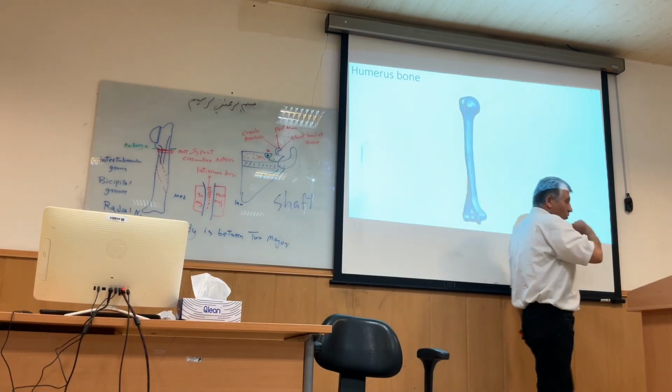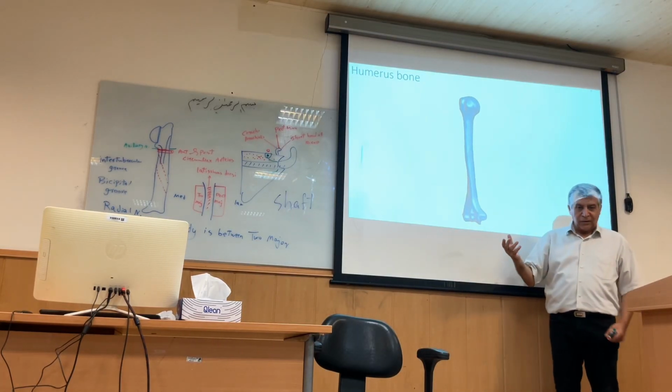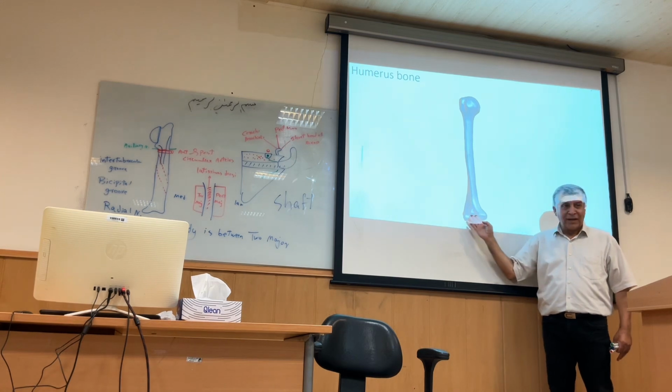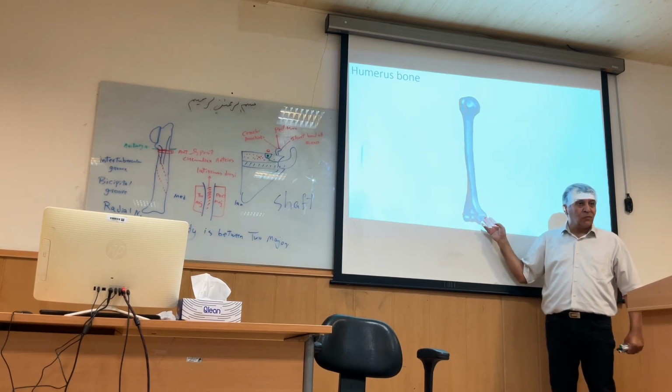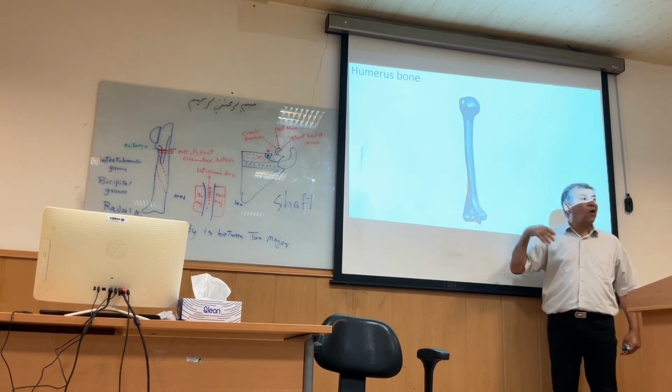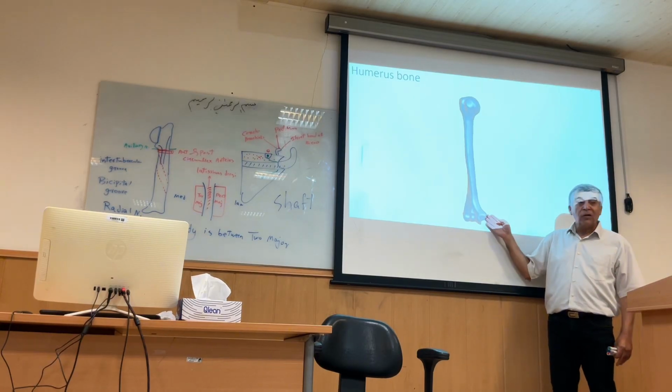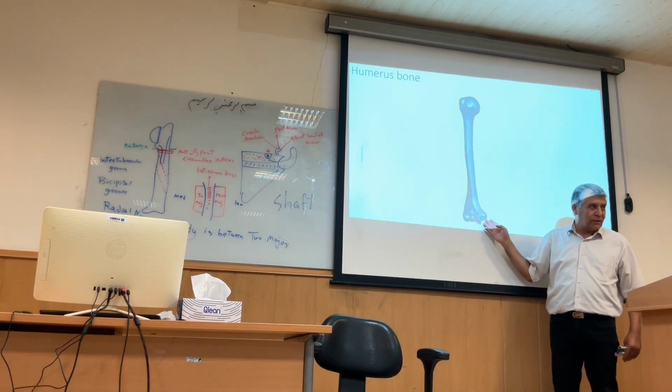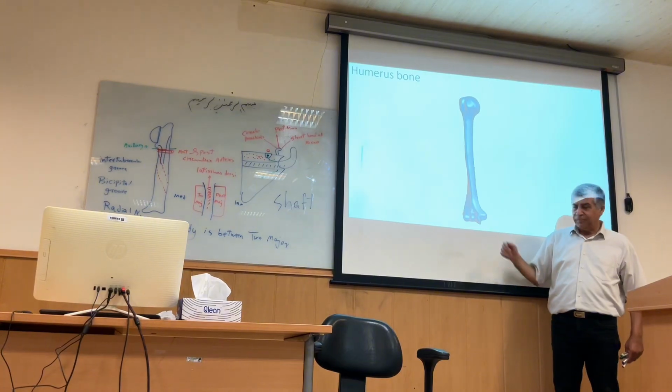Lower end of the humerus is called condyle. Condyle is divided into medial and lateral condyle. Medial condyle is prominent for protection of the ulnar nerve, because the ulnar nerve is behind it. Okay?